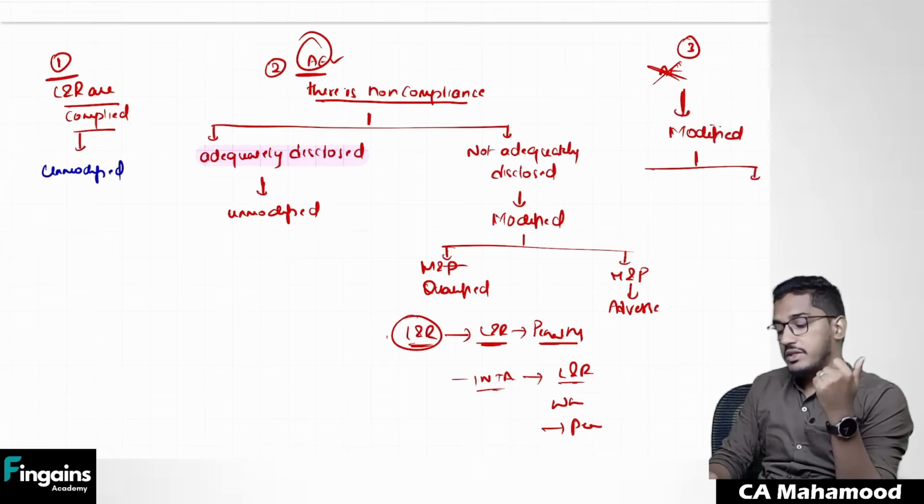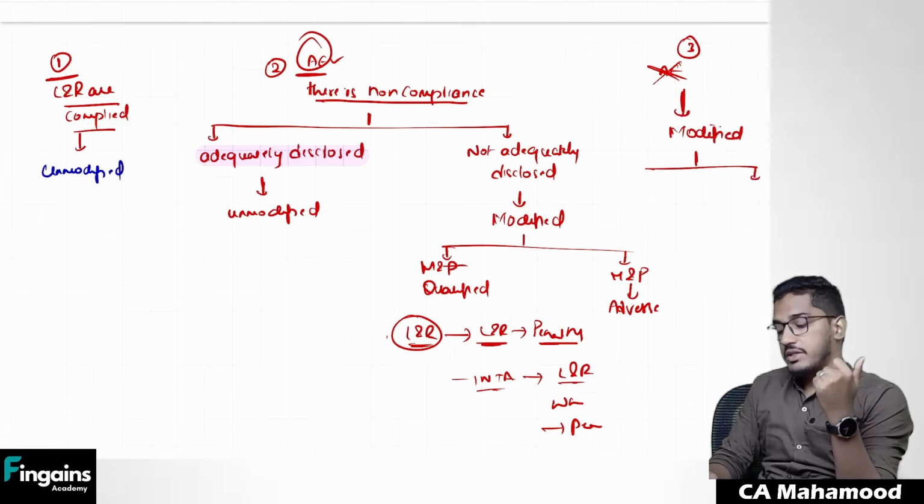So this is the impact which will be there on my auditor's opinion. The same thing I have told here: reporting of identified or suspected non-compliances, how you have to report non-compliance in the auditor's report. I have told, if the auditor concludes, meaning audit evidence is available, that the non-compliance has a material effect and has not been adequately reflected, that's what we have seen.